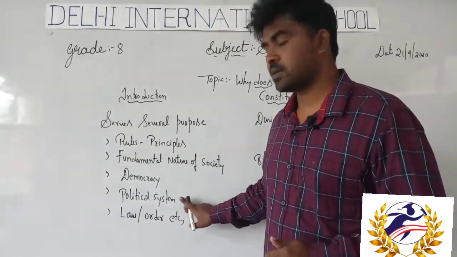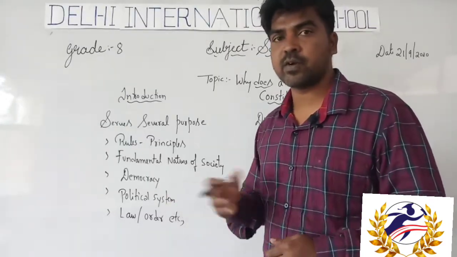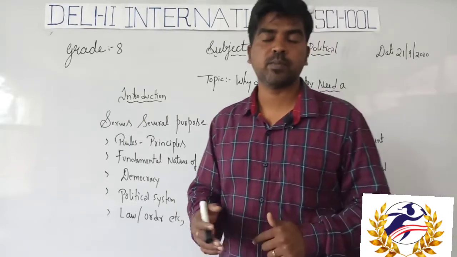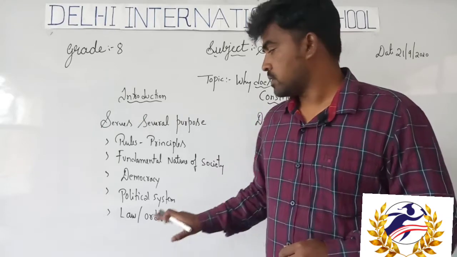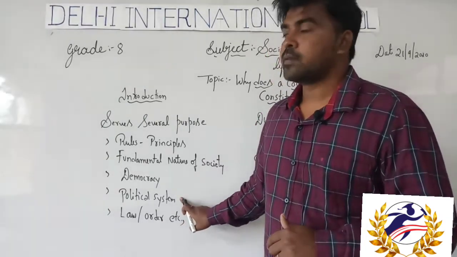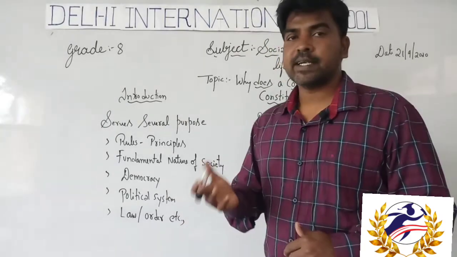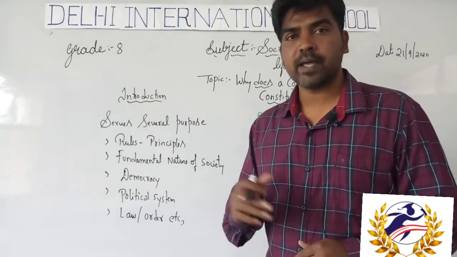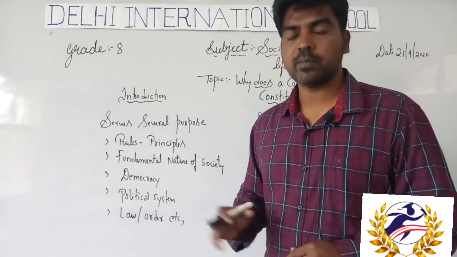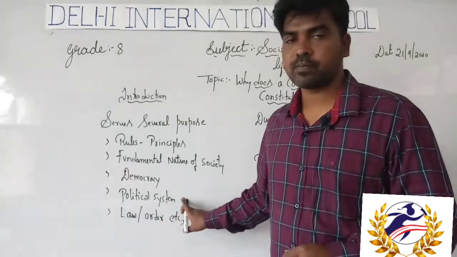Next, the political system: the types of government, and the duties and responsibilities of the government. Some states have unicameral or bicameral houses, upper house and lower house, in the parliamentary system.